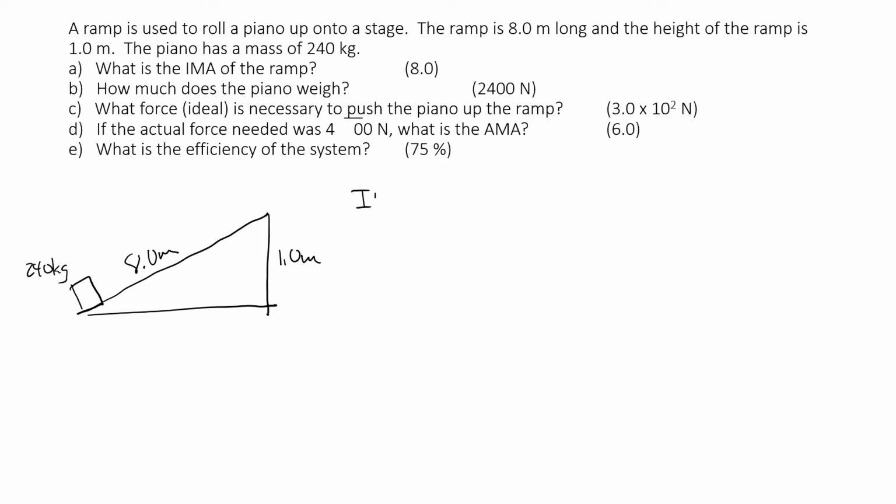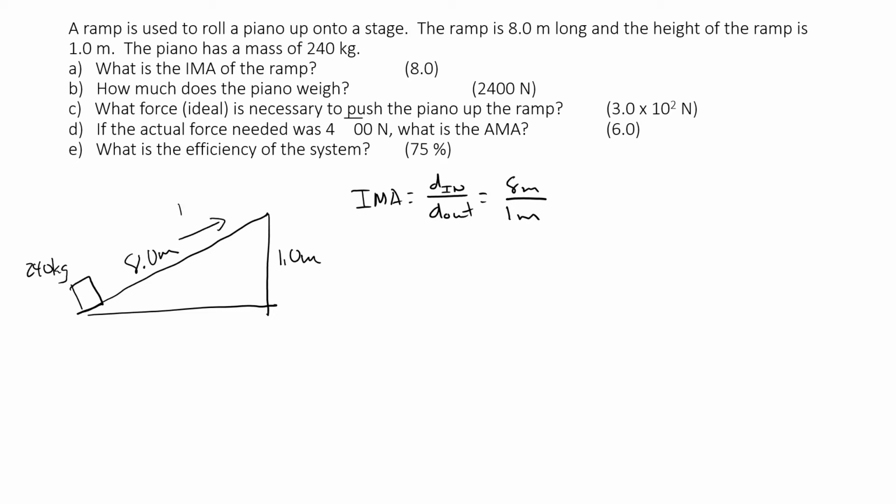Again, this is the ideal mechanical advantage. How much of a benefit should I get from using this machine? That has nothing to do with the forces applied. It's purely a ratio of distances. So that's going to be d in over d out. Since we are going to go 8 meters to only go 1 meter up in the air, again, in is the side we work.